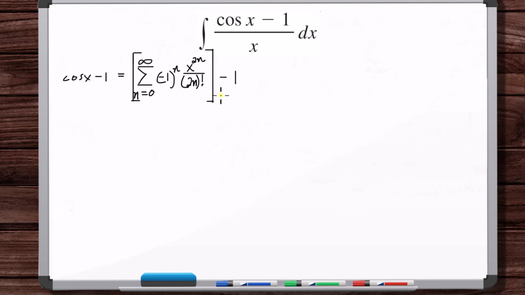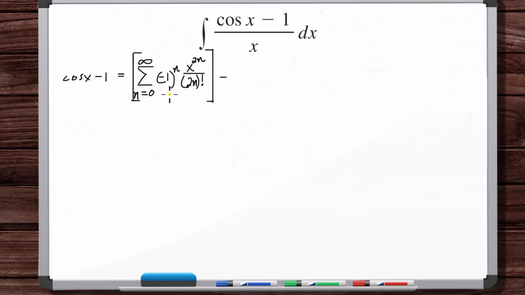So how can we think about this? What can we do here? Let's look at the first term. When n is equal to 0, this is positive, 0 factorial is 1, x to the 0 is 1, so you just get 1. This 1 would get rid of that first term.